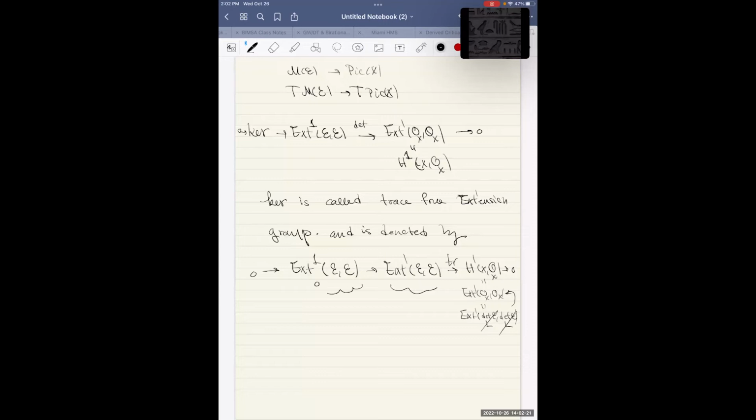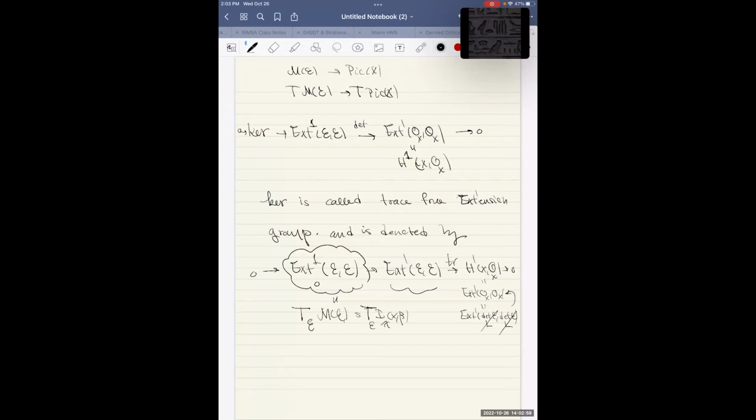Okay, so this is the trace-free map. And this trace-free space at a given point is the tangent space at the point E of the moduli space of coherent sheaves on X. And it's realized at the same time by the tangent space at the point E of the sublocus of the moduli space of coherent sheaves, which is the same as the tangent space at the point E of I comma X beta.